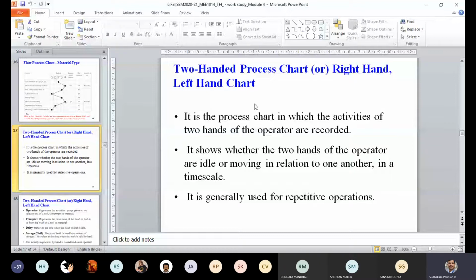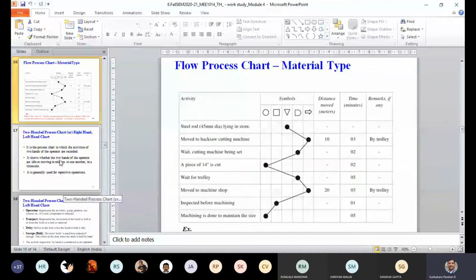That also will be recorded in this chart. So the chart will look similar to the flow process chart, but the only difference is we will record both left hand as well as right hand. Whereas in the case of the operations process chart or flow process chart, we will not mention which hand.